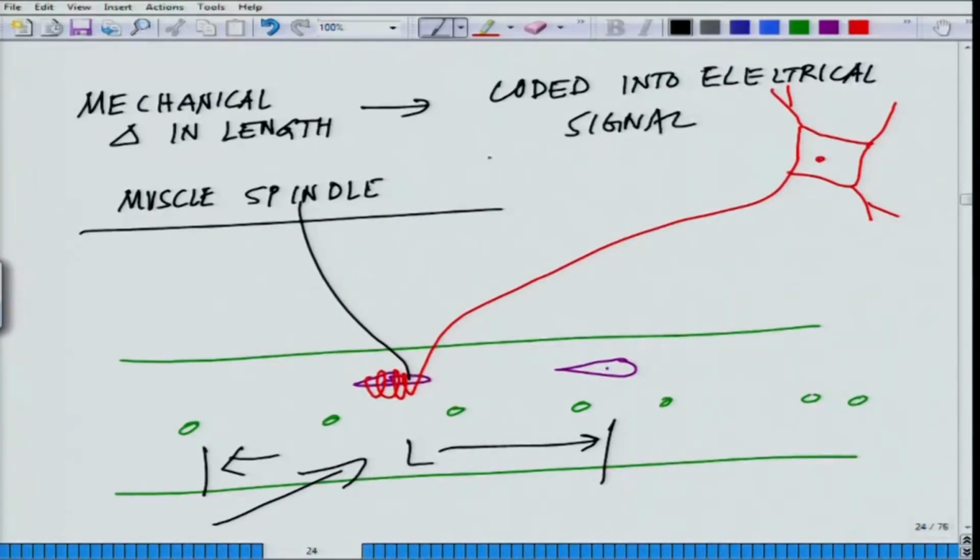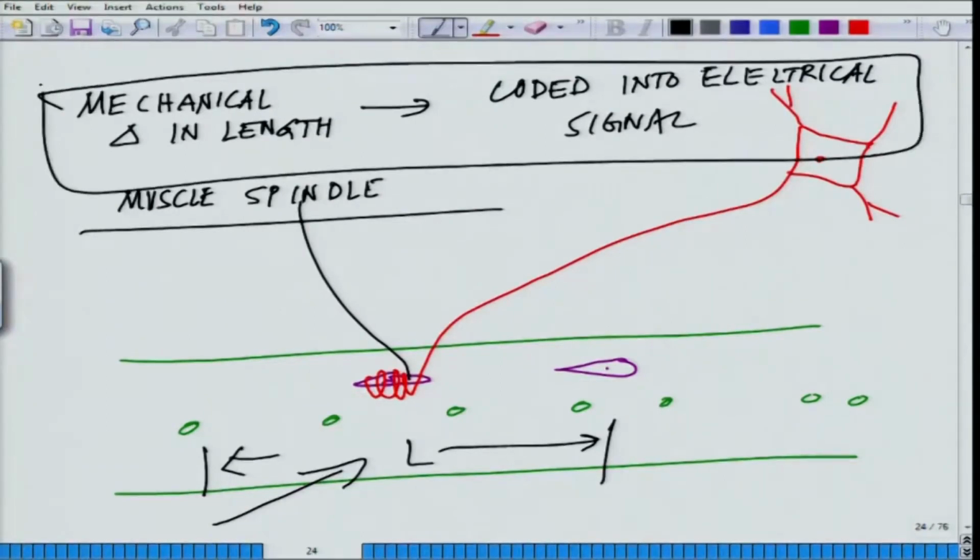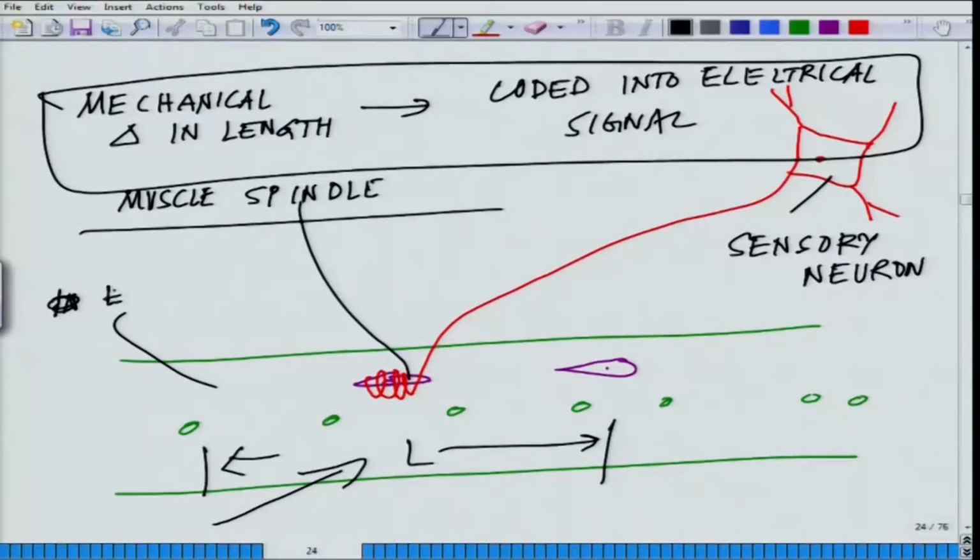Now, if you compare this situation at the first part of the circuit, this one is your sensory neuron, and this one is your extrafusal fiber.